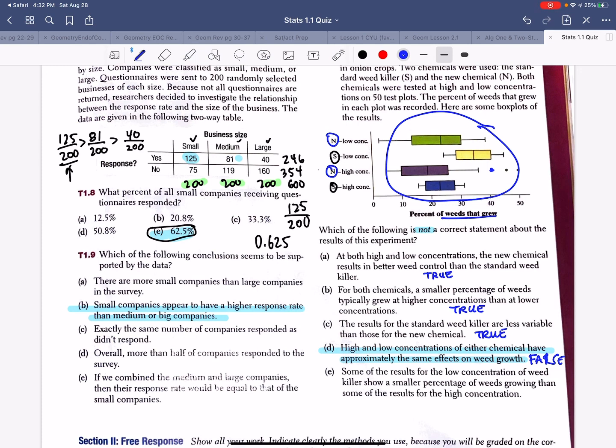Some of the results for low concentration, so here and here, show a smaller percentage of weed growing than some of the results of high. Yeah, that's true. You're seeing here. And again, they're just saying some of the results.